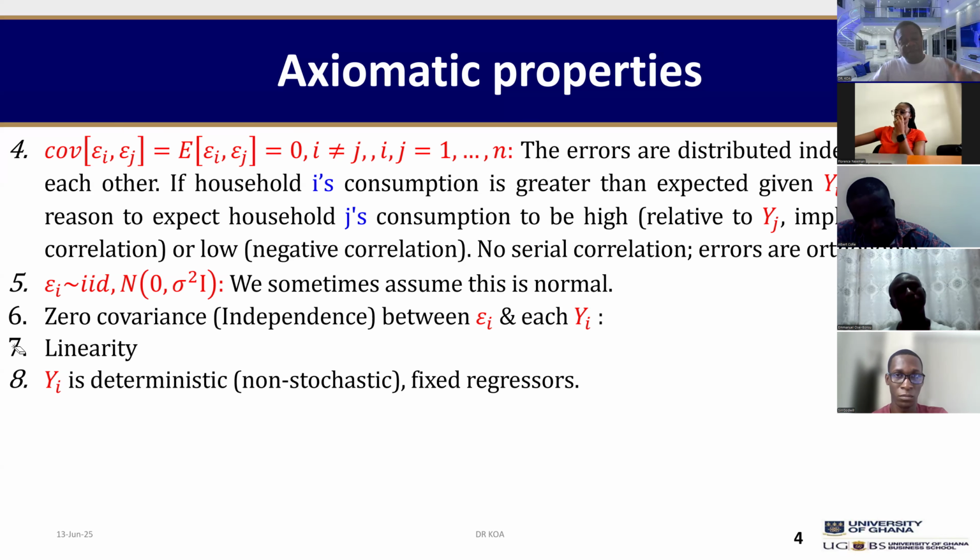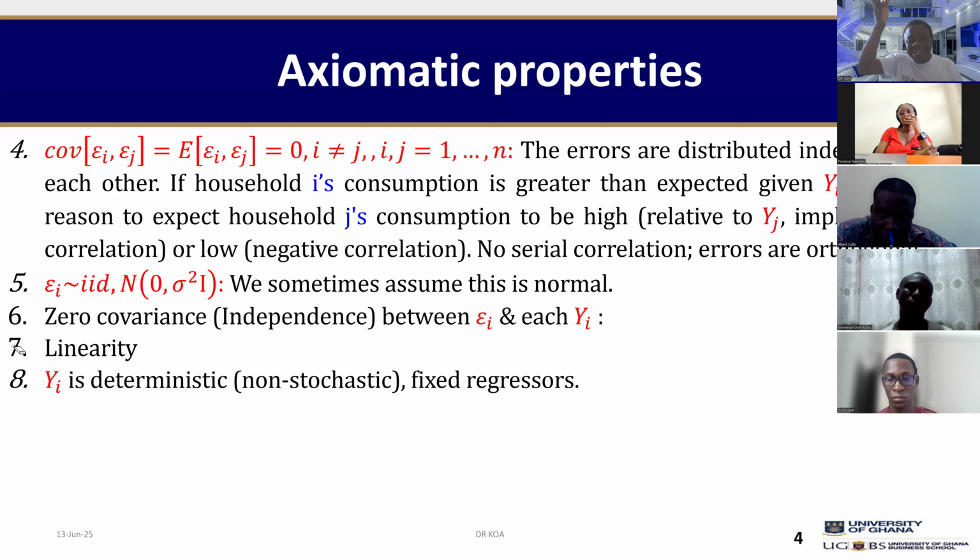It's consistent. If consumption falls, income will fall. Consistent. But we don't want a situation where consumption is rising and income is falling, then another time consumption falls and income rises. No, no, no. We want that pattern to continue, and that is a linear pattern.